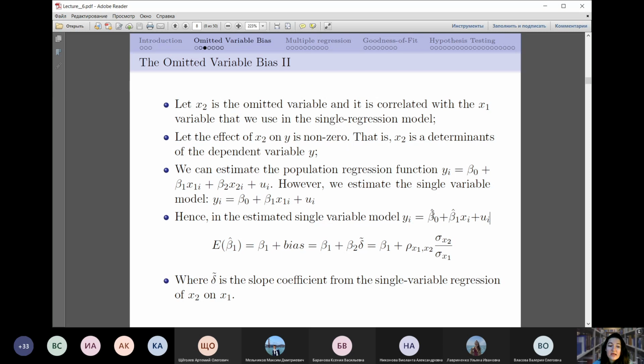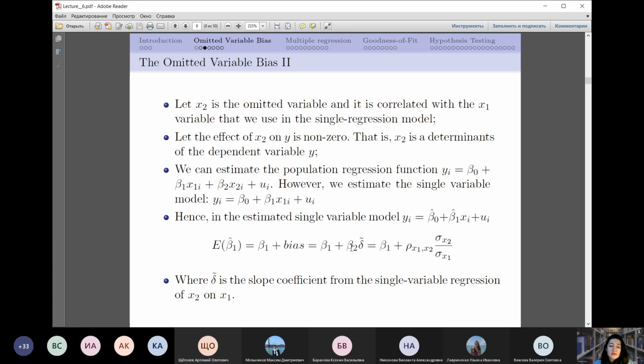So in this case, your estimated beta1 parameter will be biased. What does it mean? It means that the expected value of beta1 from the simple regression of y on x equals the true beta1 parameter plus some bias.